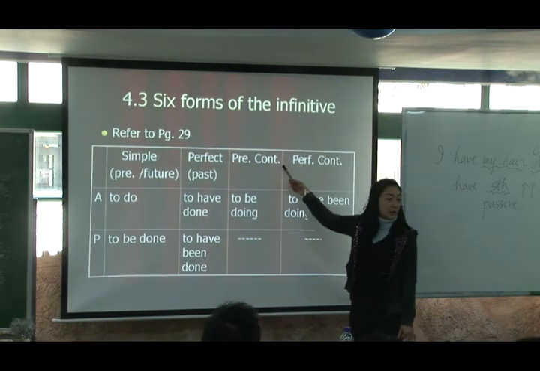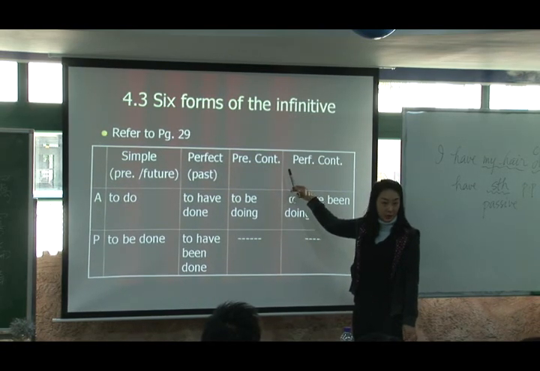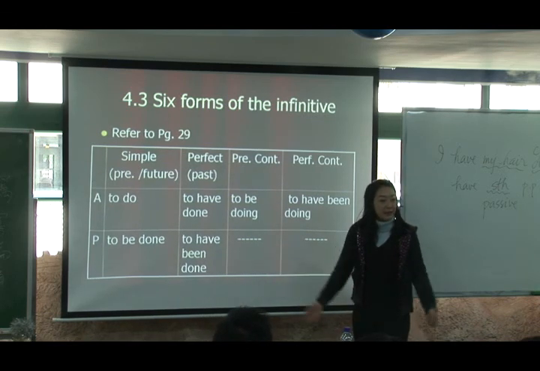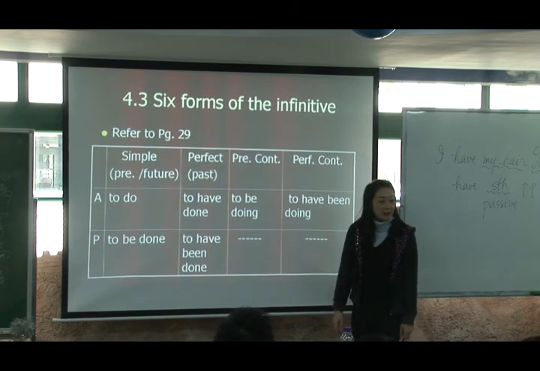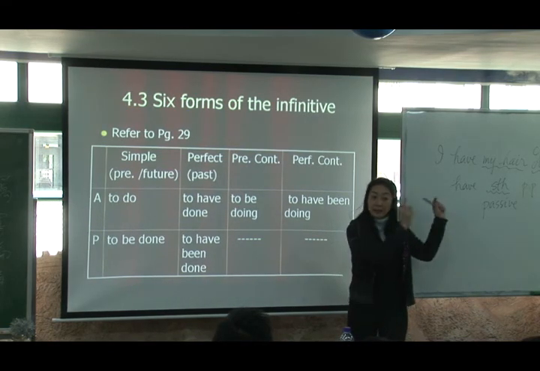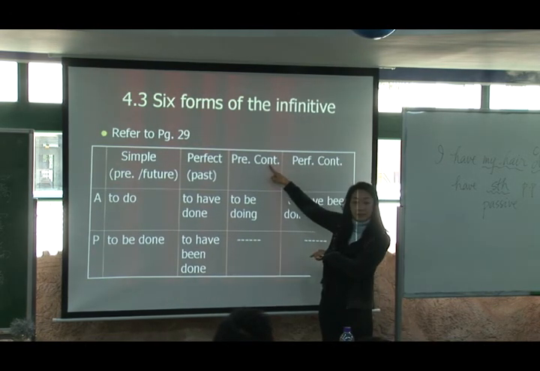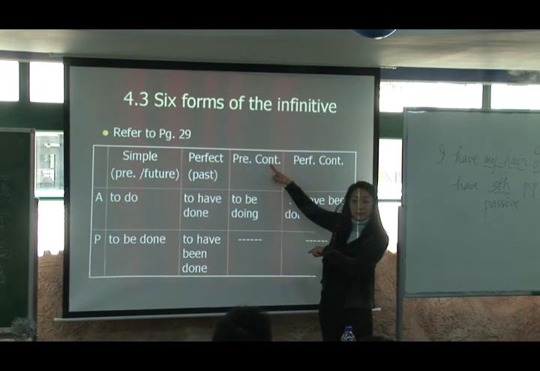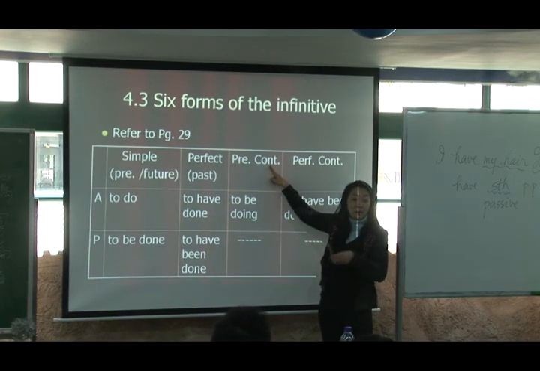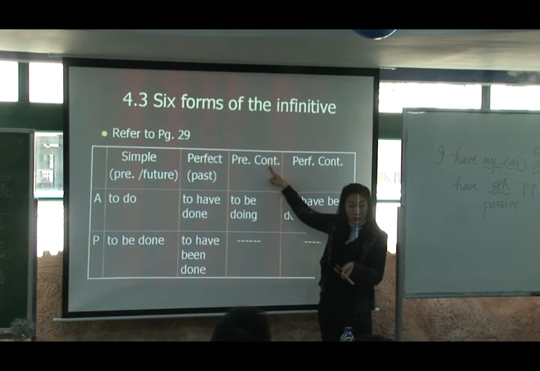Now, another one, continuous infinitive. When do we use continuous infinitive? Things happening in the past or in the future. Continuous means happening at the same time as another action.